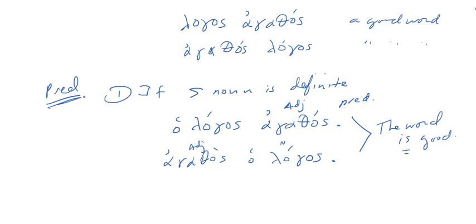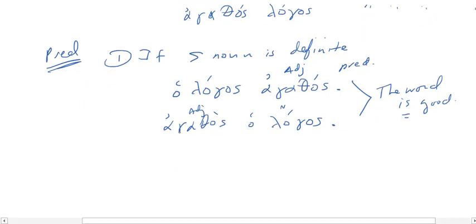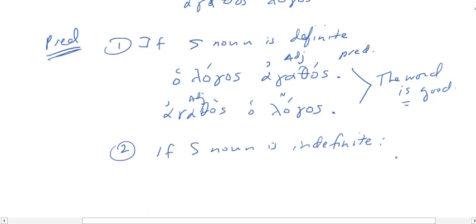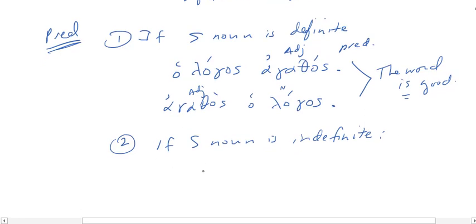All right. Now, if the subject noun is indefinite, if it's not a definite noun, guess what? It is utterly and totally ambiguous. Okay? So I could have agathos logos, or logos agathos.